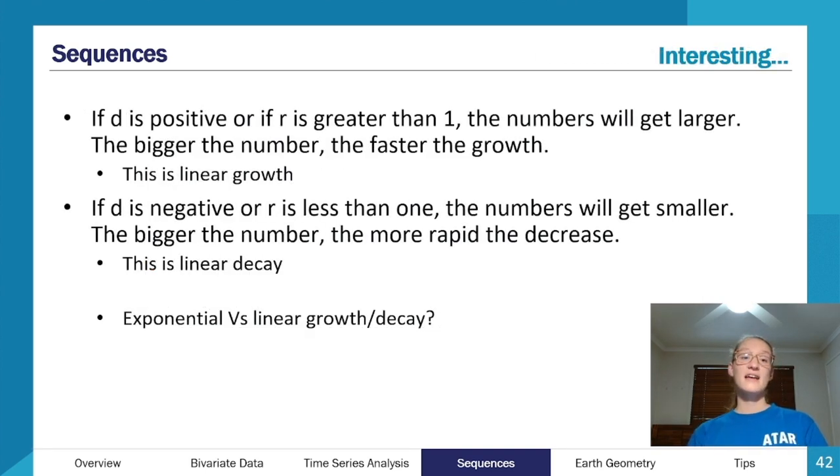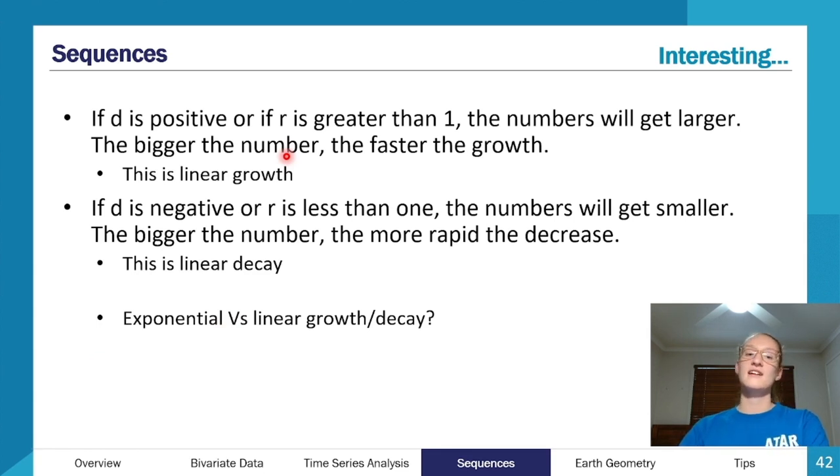So another thing to keep in mind is that if your common difference is positive, or if your common ratio is greater than 1, the numbers in the sequence will get larger each time. And the bigger the common difference, or the bigger the common ratio, the faster the growth. It's linear growth if you're talking about a common difference, but it's actually exponential growth if we're talking about a common ratio.